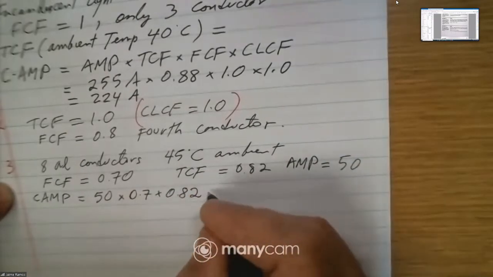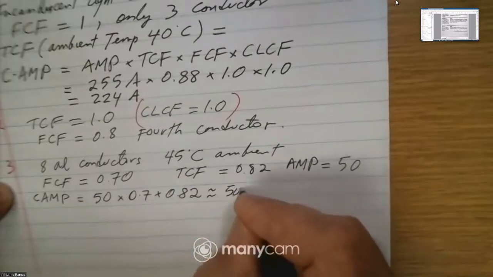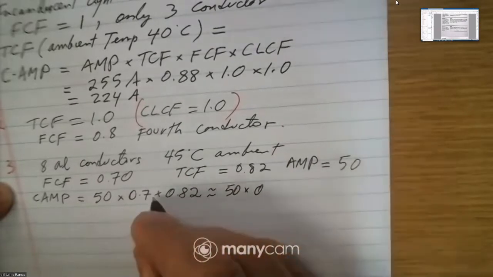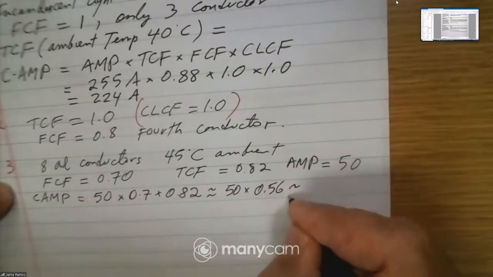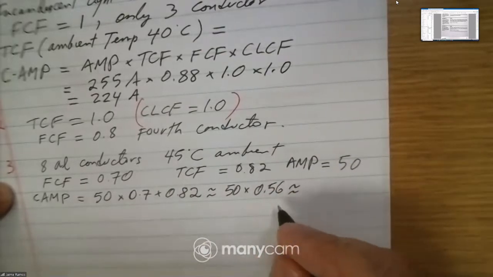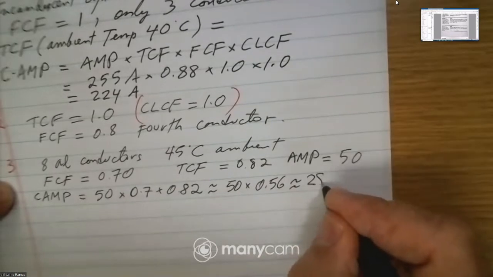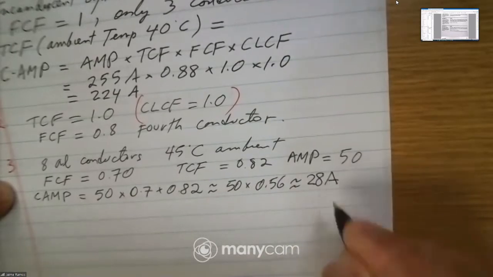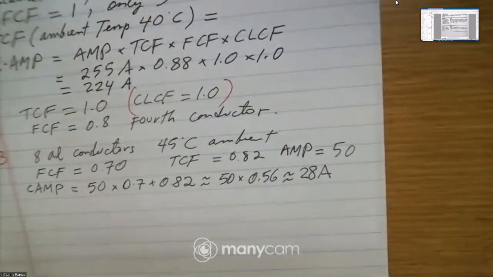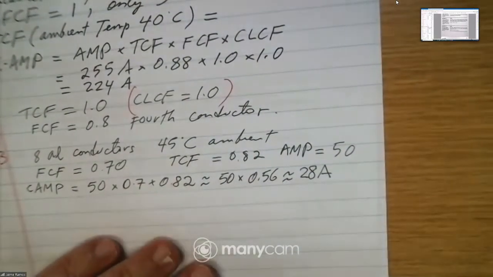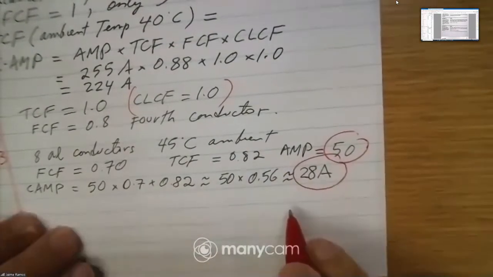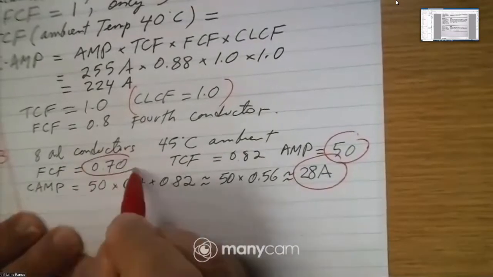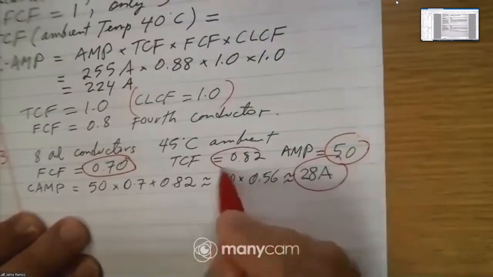Well, approximately 50 times 0.7 times 0.8 is 56... So 20 amps, 28 amps. Híjole. See, it has a great impact. We were affected by 70% here and by temperature.